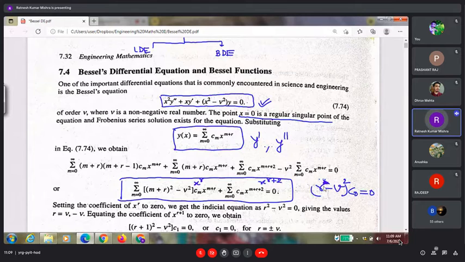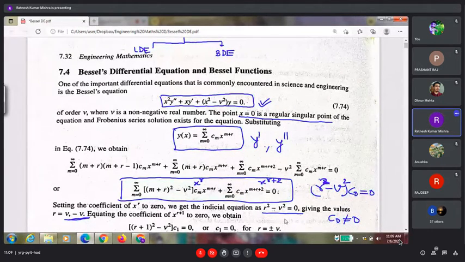But we know that c naught cannot be 0. So therefore the only possibility is that r square minus v square equal to 0. So therefore r equal to plus minus v. Now for v we will find one solution, and for minus v we will find another solution, and their linear combination is the complete solution.